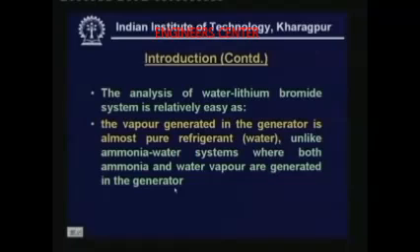And the analysis of this particular system is relatively simpler compared to the ammonia water systems, because the vapor generated in the generator is almost pure refrigerant, unlike ammonia water systems where both ammonia and water vapor are generated in the generator. In fact, I mentioned in the last class that if the boiling point temperature difference between the refrigerant and absorbent is very high, then only pure refrigerant is generated in the generator.